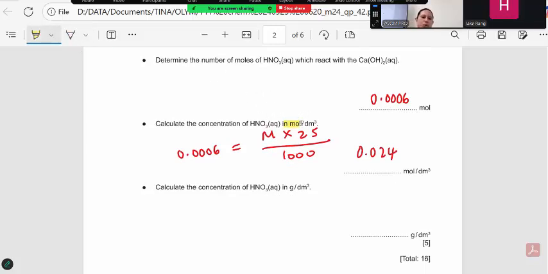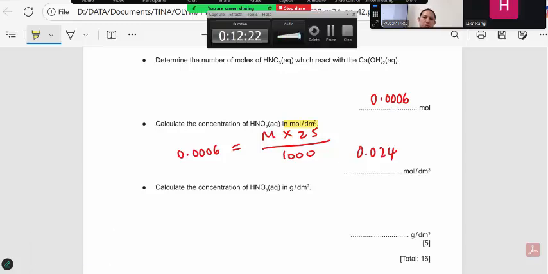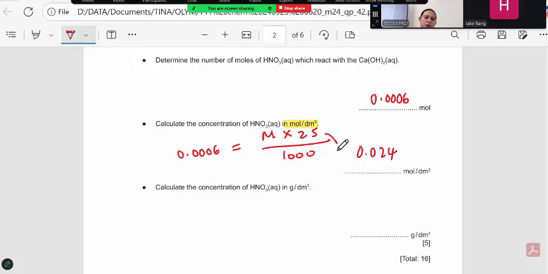If from mole per decimeter cube you want to change it to gram per decimeter cube, from here to here, you need to multiply by the molar mass. Molar mass of nitric acid, HNO3: 1 plus 14 plus 16 times 3. Is it 78? 63, sorry.